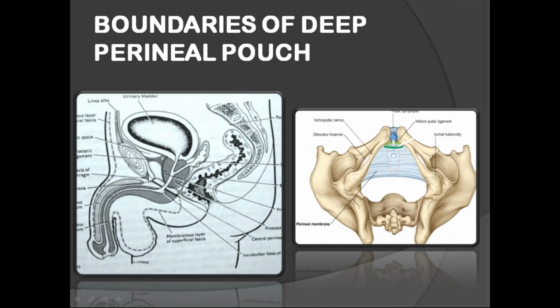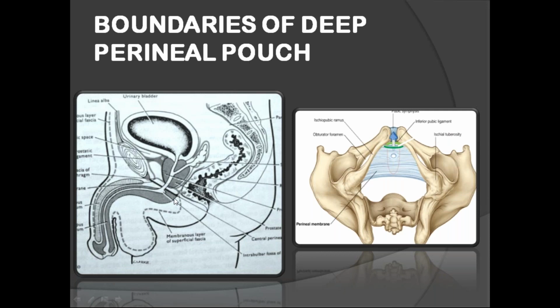The deep perineal pouch boundaries are: anteriorly the inferior pubic ligament, posteriorly the superior fascia of the urogenital diaphragm fused with the perineal membrane, superiorly the superior fascia of the urogenital diaphragm, inferiorly the inferior fascia of the urogenital diaphragm or perineal membrane, and on each side the ischial tuberosity.